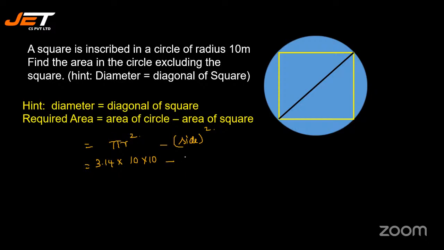So it is 2 into 10 is 20, the whole square. Okay. So 100 into 3.14 minus 400, which comes to 100 into 3.14.